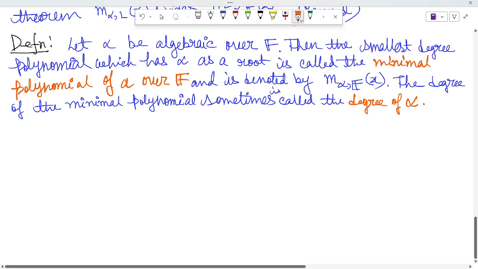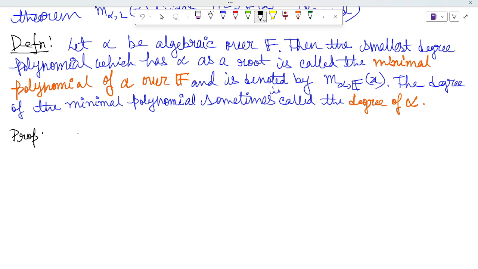Next theorem, proposition 11. There is a proposition, which is an observation.